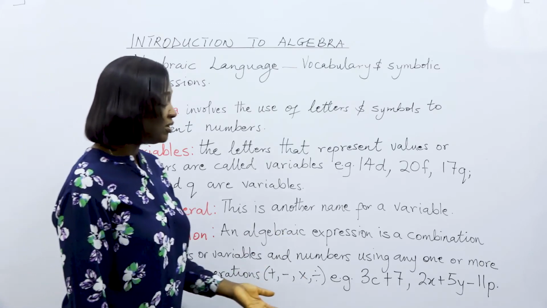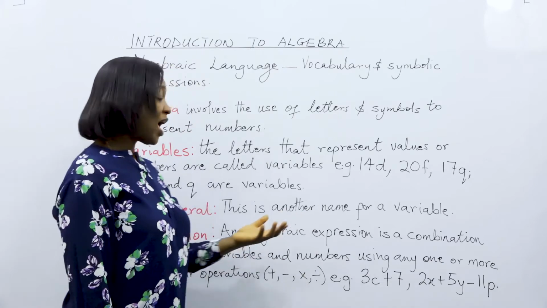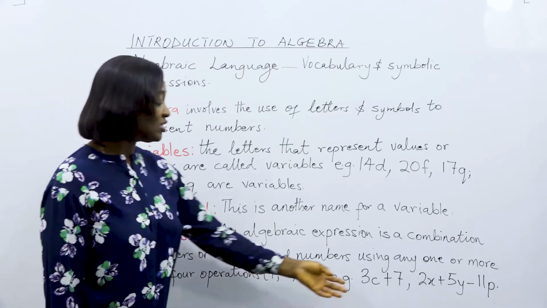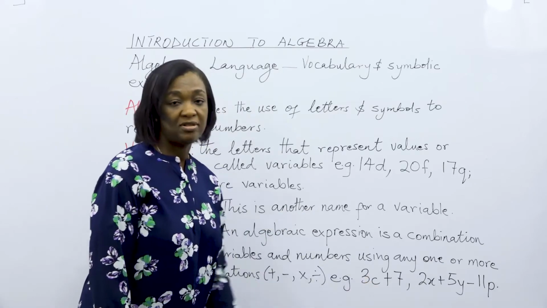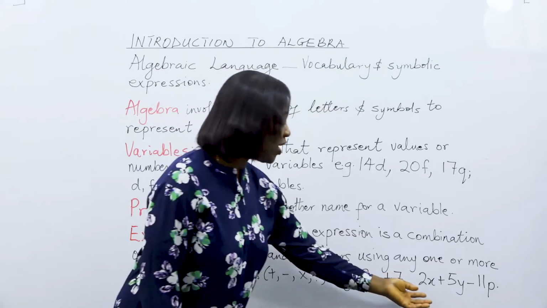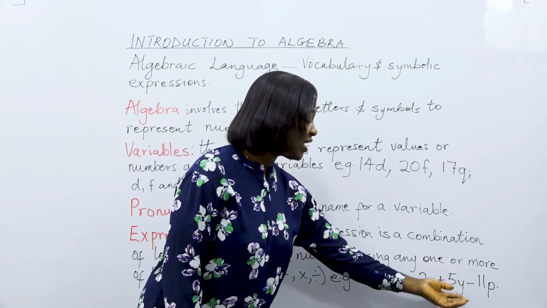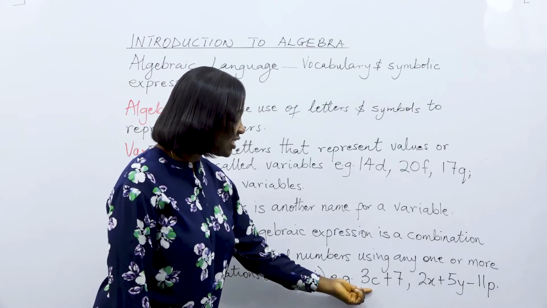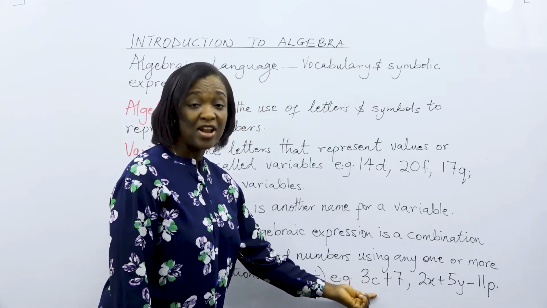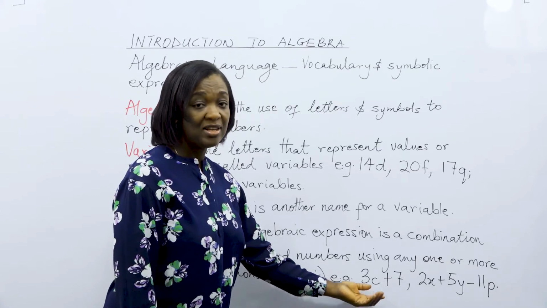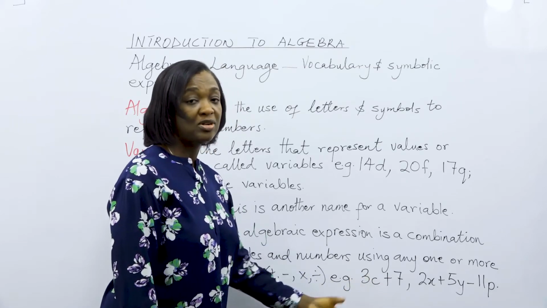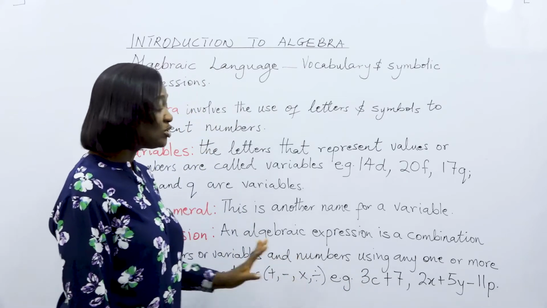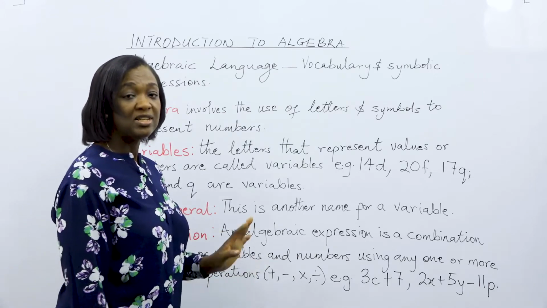An example of an algebraic expression is 3c plus 7, or 2x plus 5y minus 11p. When these letters are assigned values, then the value of the expression will change. Expressions do not have an equality sign.